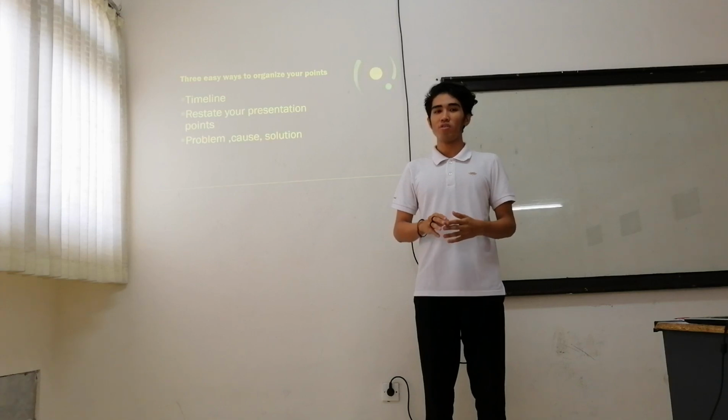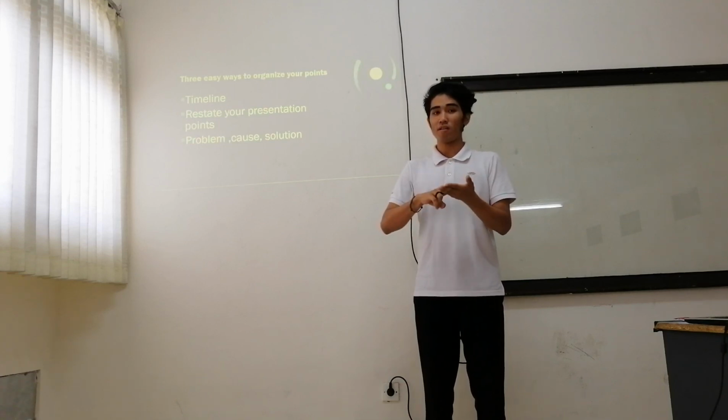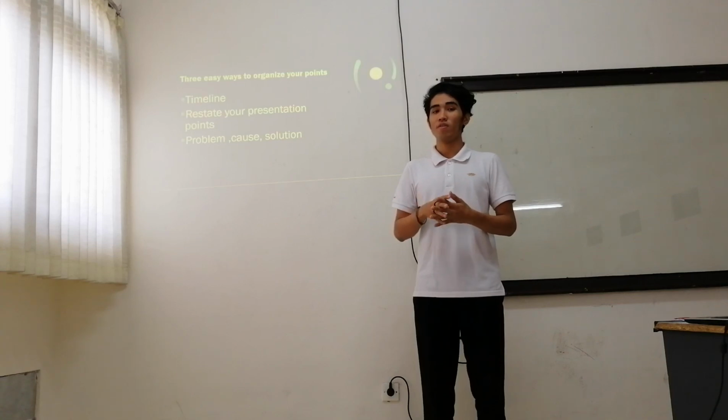For the timeline, you might want to have future or past causes or effects for your presentation. So after the first slide of your presentation, if you use PowerPoint, you would talk about the future effects of whatever happens in the first slide, and so on and so on.